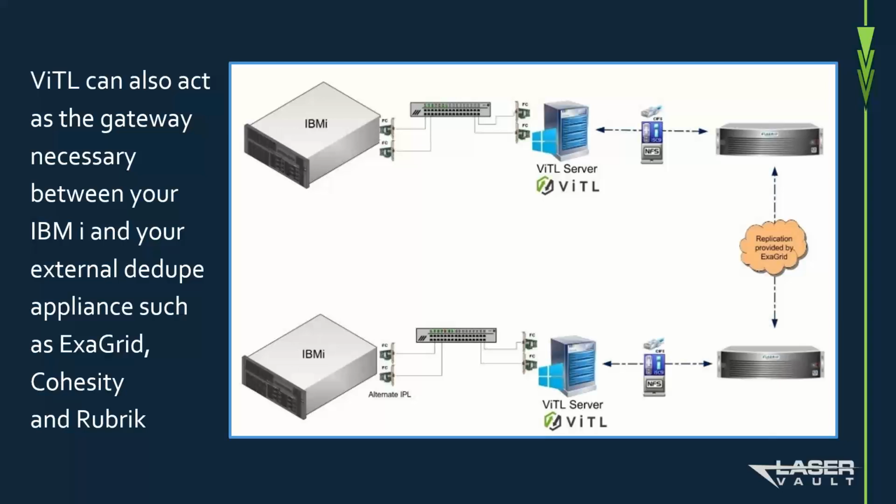And then from the VTL server, it's going to be a high-speed network or Fibre Channel connection from the VTL server to the storage. Again, SAN, NAS, or data deduplication backup appliance.